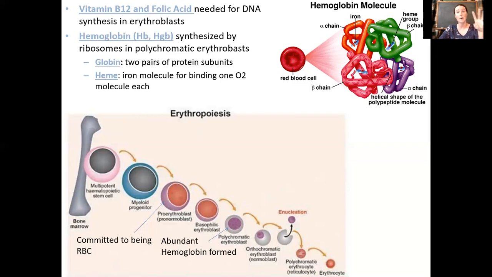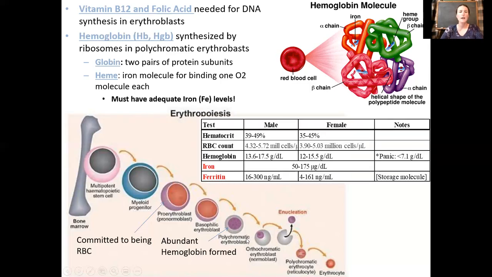And so there are 4 irons and 4 protein subunits in each and every hemoglobin molecule. And again, these hemoglobins are just being cranked out one after the other until the entire immature red blood cell is filled with hemoglobin at this particular stage.